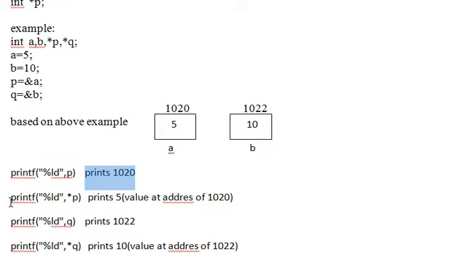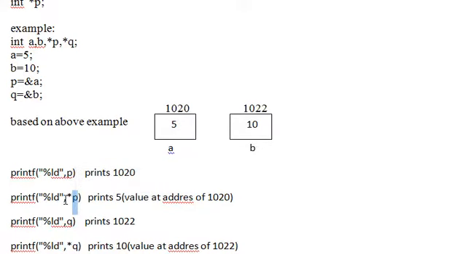Similarly, next printf %ld comma *p. Here when we give the star before the pointer variable, it gives the value from the address held in pointer variable p. So pointer variable p has some address.